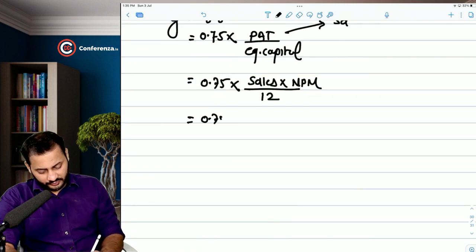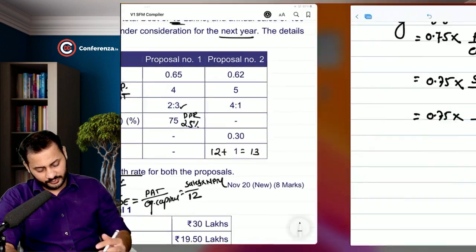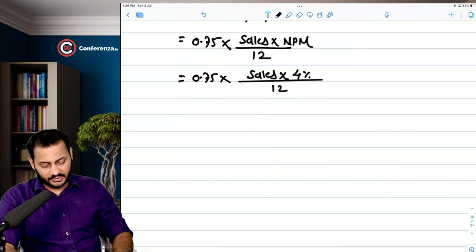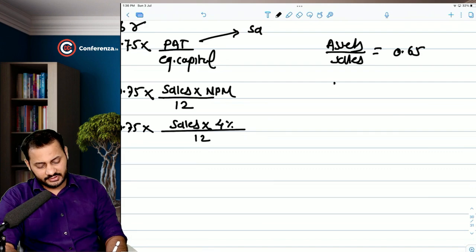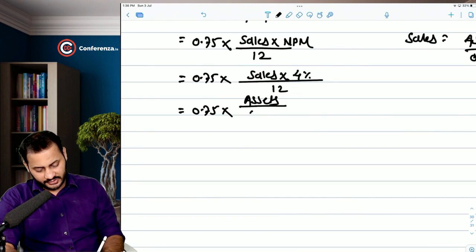We have the net profit margin of 4%, but we do not have the sales figure. But the sales figure can be calculated. See, assets to sales ratio is 0.65. So can I say sales is equal to assets divided by 0.65? Yes, sir. So 0.75 into assets divided by 0.65 into 4% divided by 12.